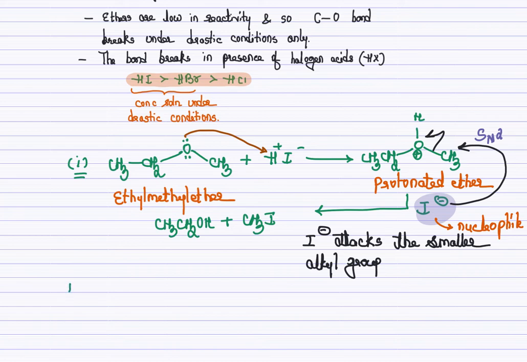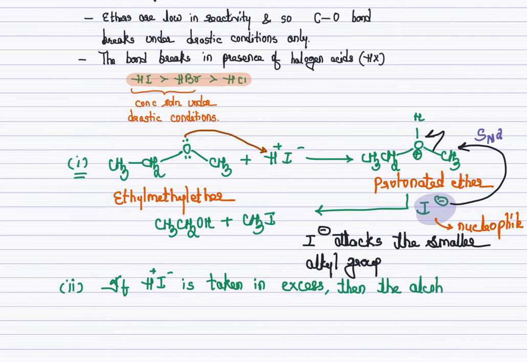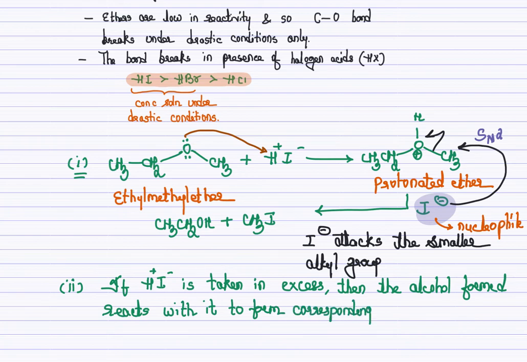Right? Now, step number 2. If HI is taken in excess, then the alcohol formed reacts with it to form the corresponding alkyl iodide as the product.